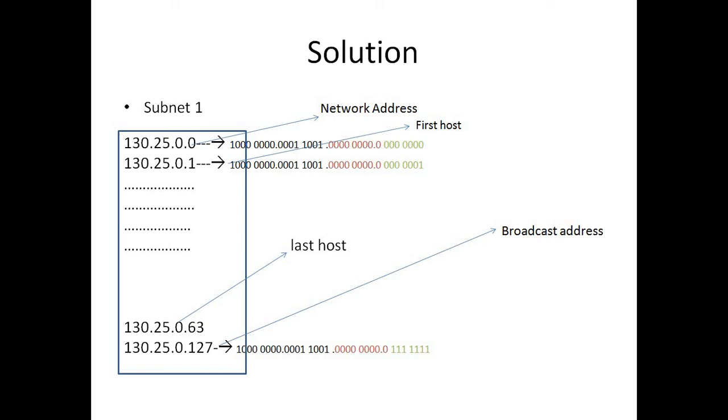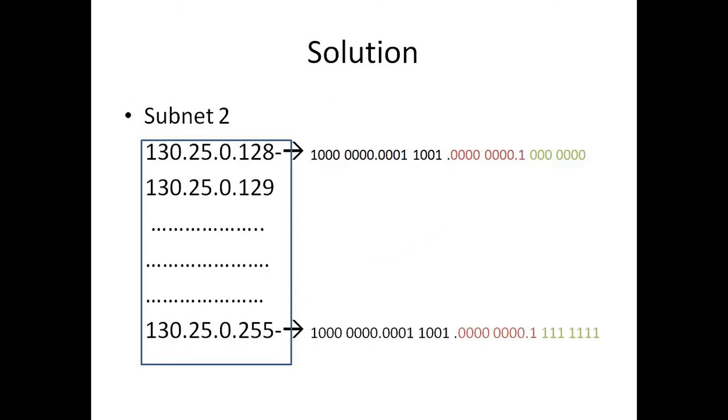And what about the last address? This last address is considered as the broadcast address. All the bits in the host part are made 1. And what about the second one, subnet 2? In the case of subnet 2, you make one of the network bits 1. That becomes subnet 2. The remaining host bits are 0, and that becomes the first address.